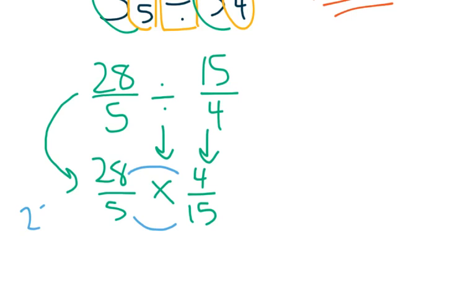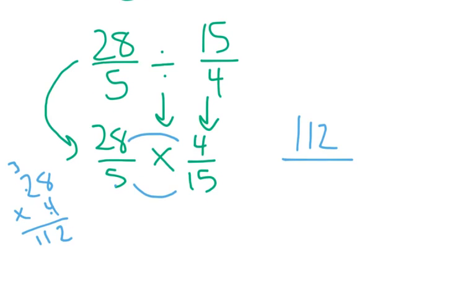And so 28 times 4, that's 112. And so we'll have 112 over, oh sorry, 15 times 5, that's 75.